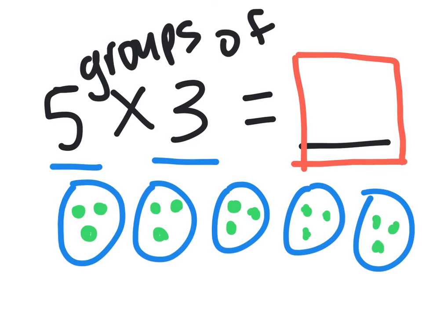Now we've got to count all our green dots to see how many green dots we have, because that'll be 5 groups of 3, which is 5 times 3, which will give us the product. So we have 1, 2, 3, 4, 5, 6, 7, 8, 9, 10, 11, 12, 13, 14, 15. So 15 is our product and our unknown number we are trying to find.